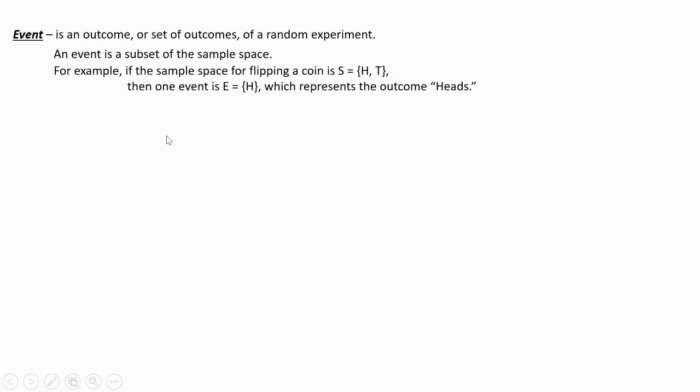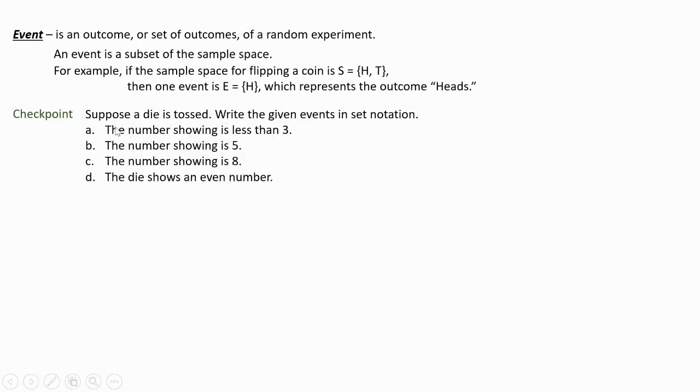An event is an outcome or a set of outcomes of a random experiment. An event is a subset of a sample space. So for example, if the sample space for flipping a coin is S equals heads or tails, then one event can be the set containing H, which represents the outcome heads.